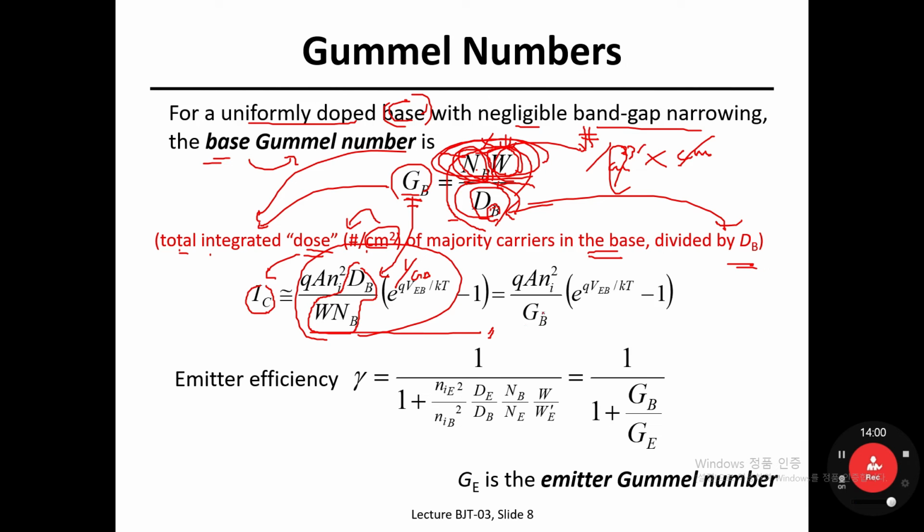So from now on, your output current I sub C can be written with this equation: q the unit charge, A the cross-sectional area of your BJT, ni which is 10 to the 10 at room temperature, the Gummel number in base, and how much input voltage, emitter base voltage, has been applied across your BJT. Then you can simply estimate your output current I sub C.